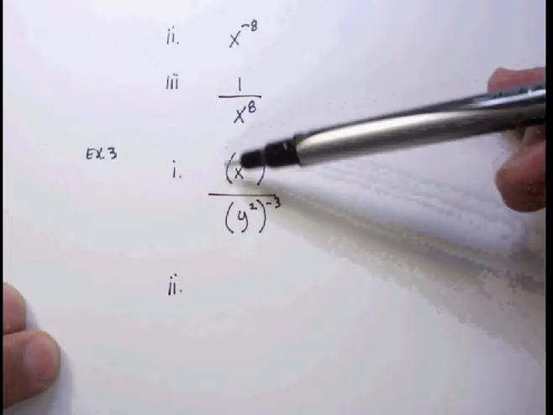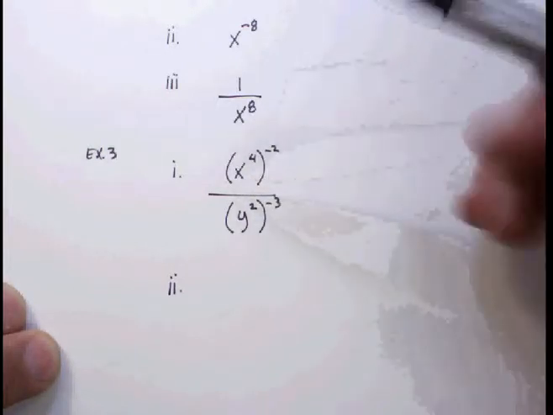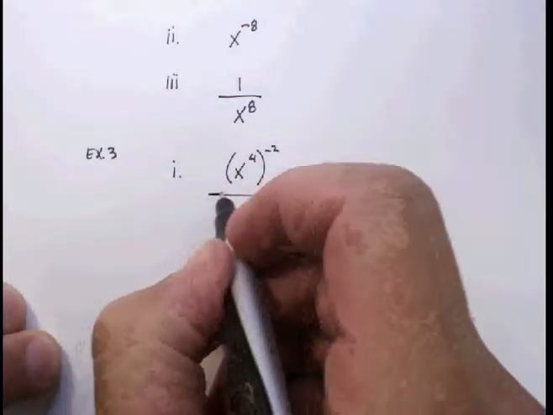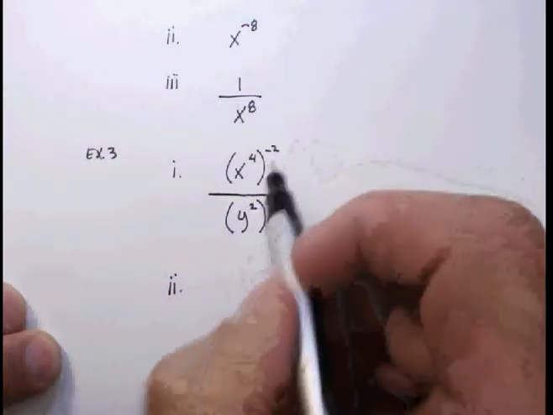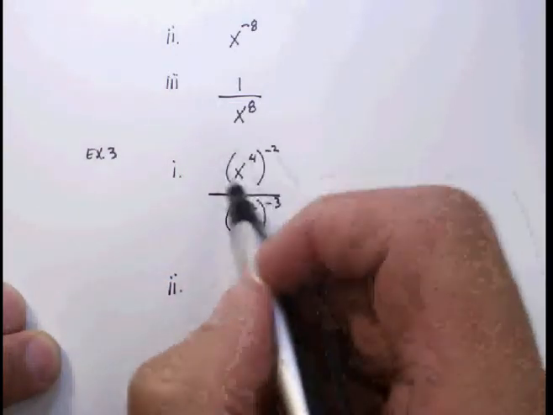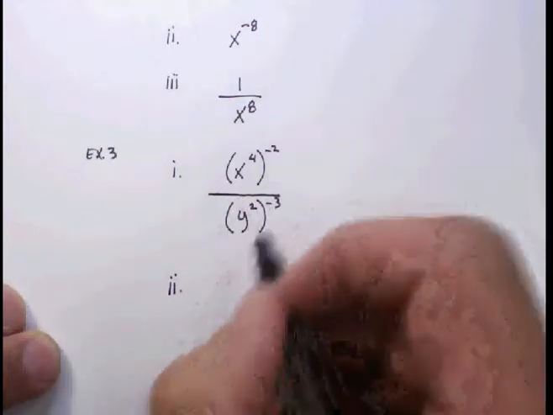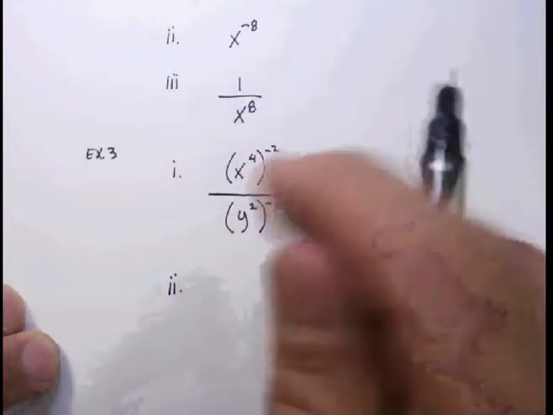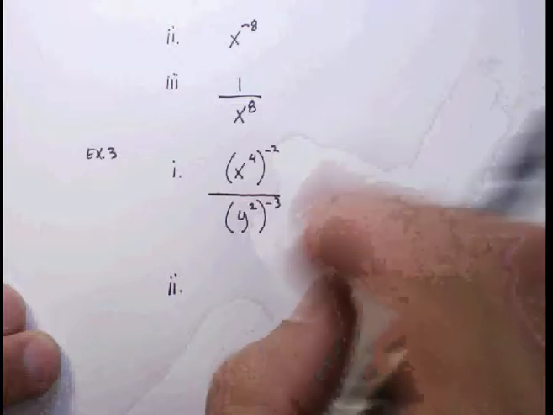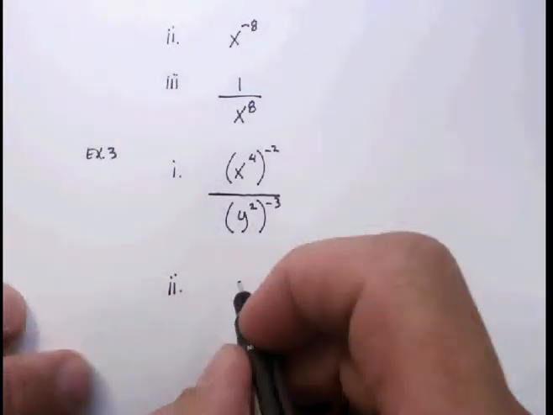PEMDAS says do the grouping symbols first. Don't forget that the division bar is actually a grouping symbol. So I'm going to do the numerator first and the denominator second, or I could do the denominator first and the numerator second. It doesn't make any difference. I'm just going to do one side and treat them as two separate problems.